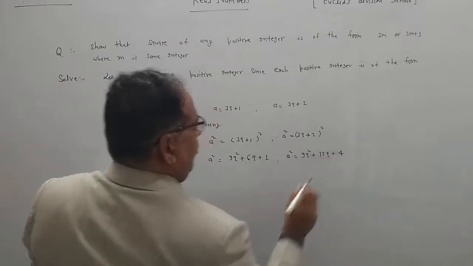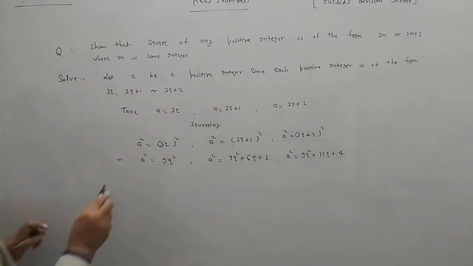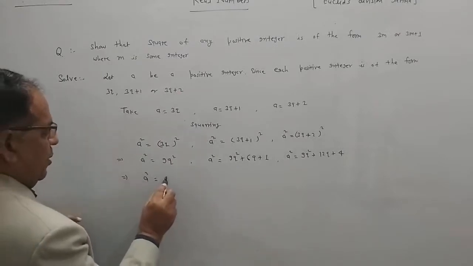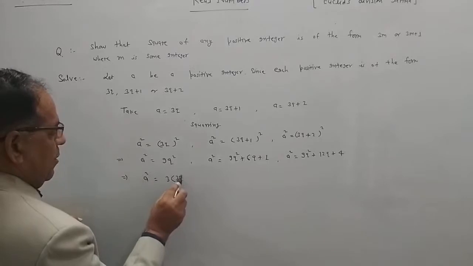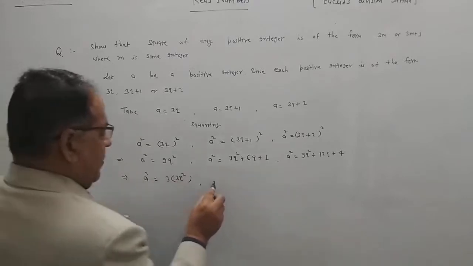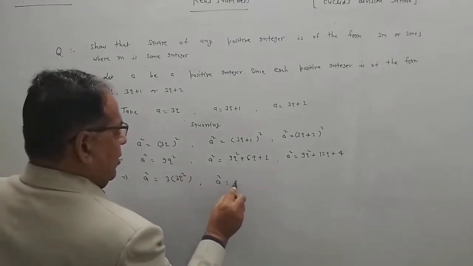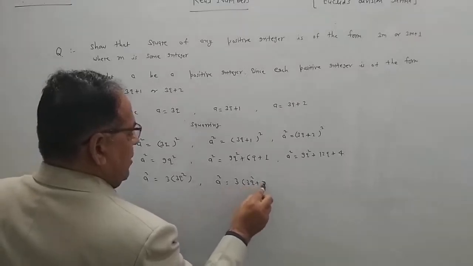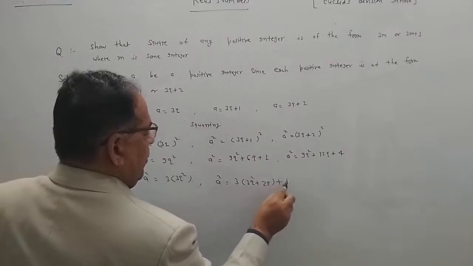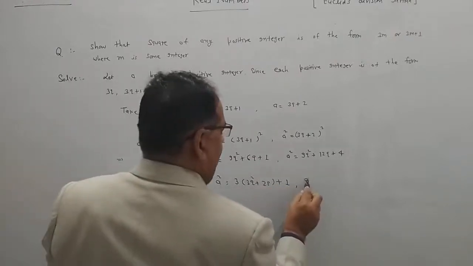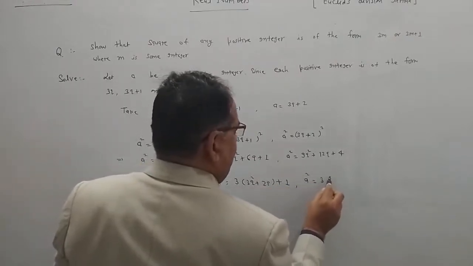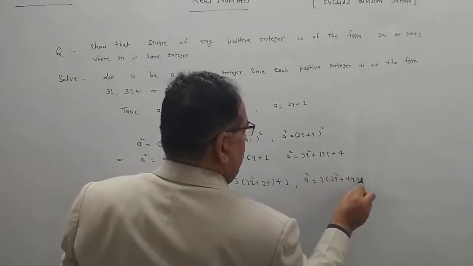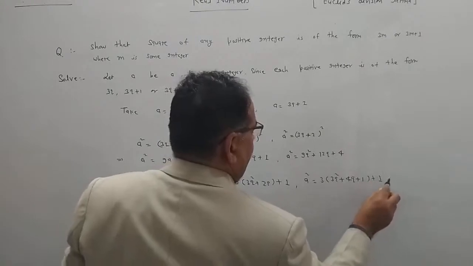A square equal to 9q square plus 12q plus 4. In the next step, this can be expressed as a square equal to 3 into 3q square, a square equal to 3 times (3q square plus 2q) plus 1, a square equal to 3q square plus 4q plus 1 plus 1.